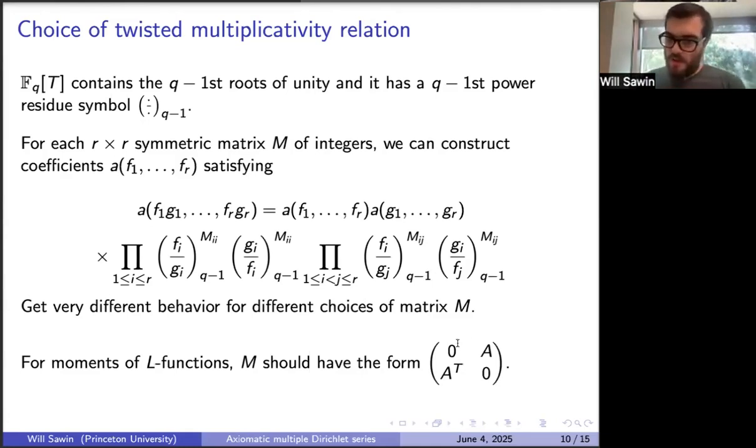I'll note that for moments of L functions, you care about M which have a particular special form. They're block symmetric matrices with the two blocks on the diagonal vanishing. One block is the variables that are the conductor of the L function, and the other block is the variables that are the parameters being summed over. In the L function, they don't interact with themselves, but they interact with each other.